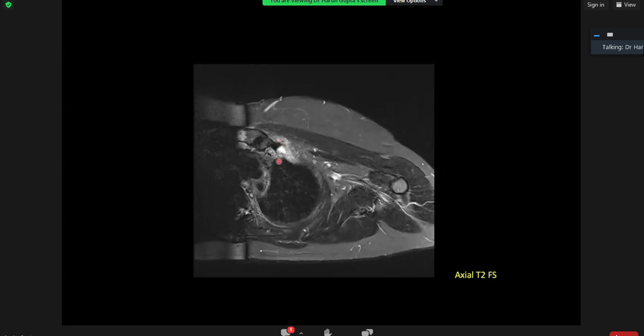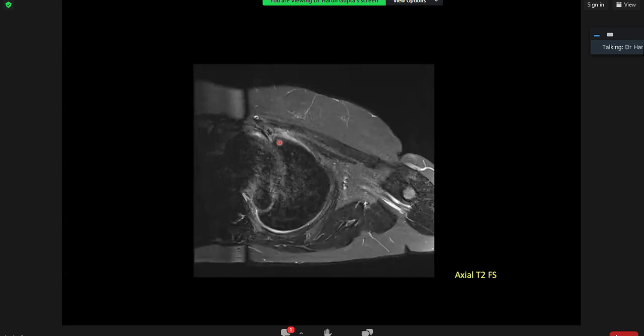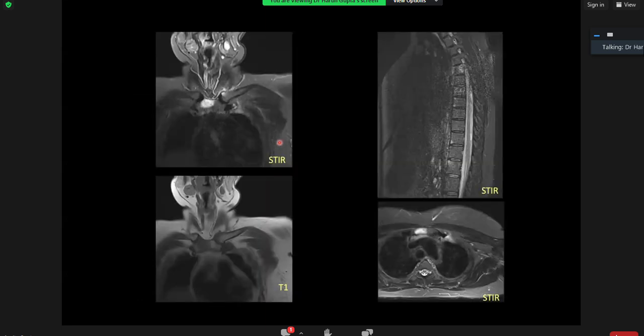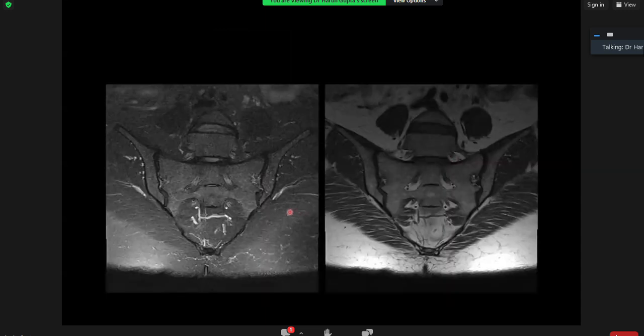There is costochondritis. Because of this, the patient is brought back for further imaging, which shows osteitis in the sternum, changes at the medial clavicle, some changes in the anterior corners, with normal sacroiliac joints.